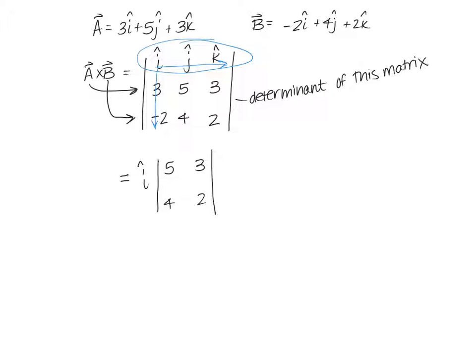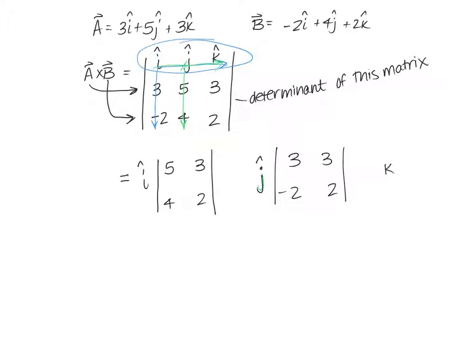Then our next element is j, right here. And now for the matrix that j forms, we eliminate the row and column that j is in. And that leaves us with 3 and 3, minus 2 and 2.